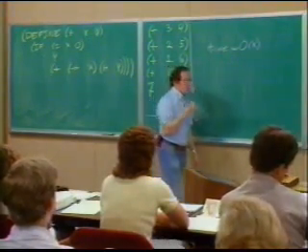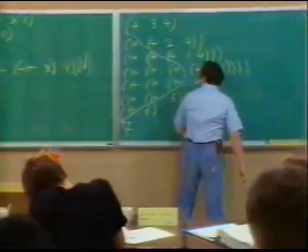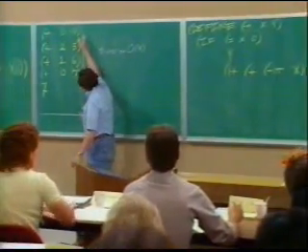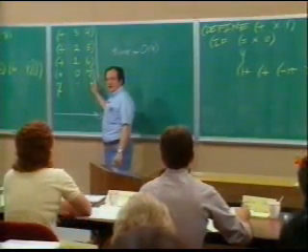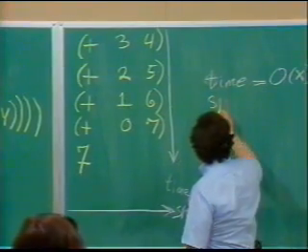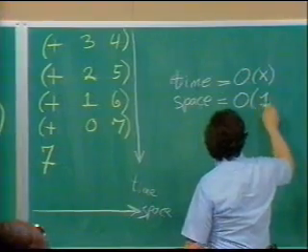That means it is proportional to x by some constant of proportionality. And I'm not particularly interested in what that constant is. The other thing we see here is that the amount of space this takes up is constant. It's proportional to 1. So the space complexity of this is order of 1.